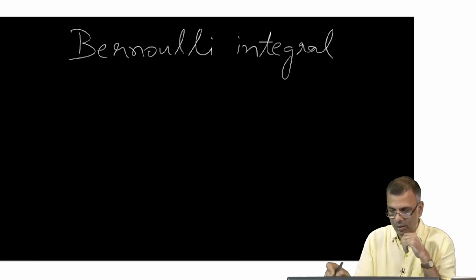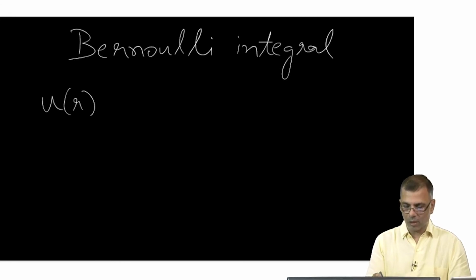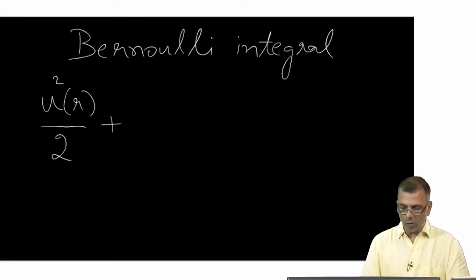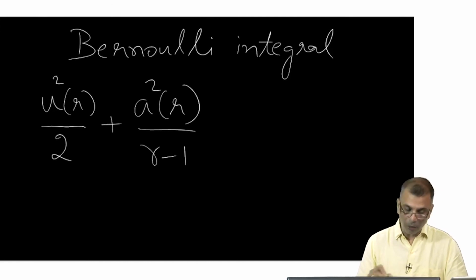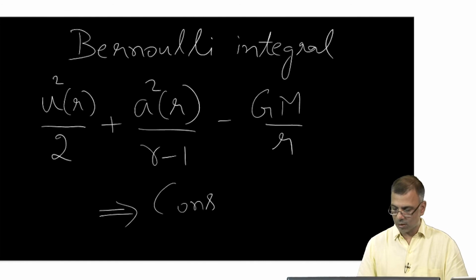which we've seen earlier, which is essentially the energy per second. So at any given radius, it would be u squared over 2, plus p over rho, which in terms of the sound speed would become like this, assuming a polytropic equation of state, minus the gravitational term, and this is always conserved.